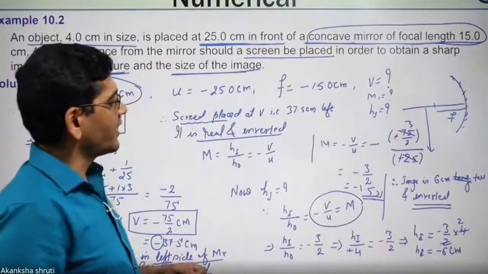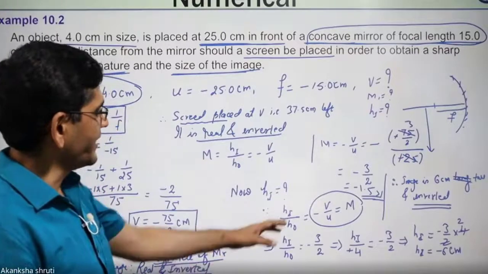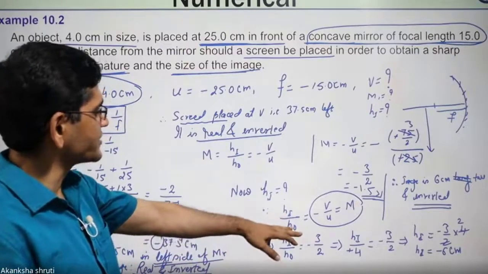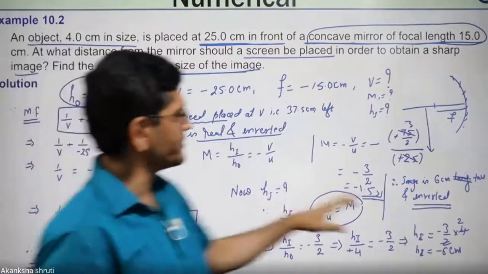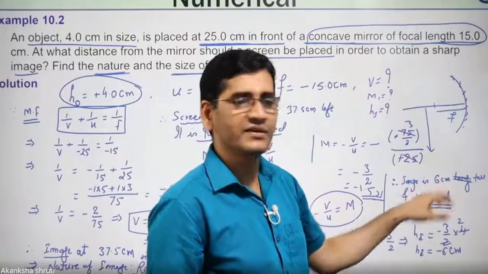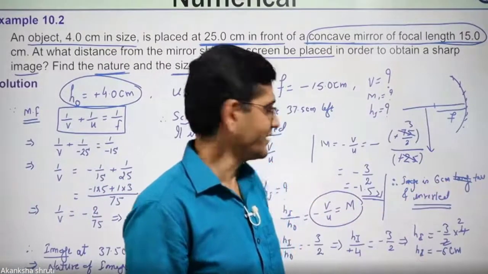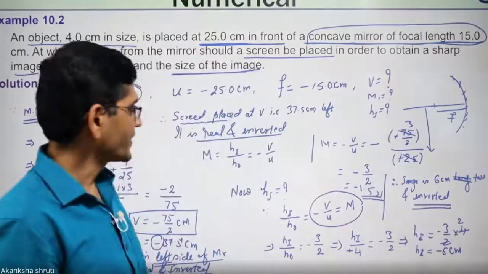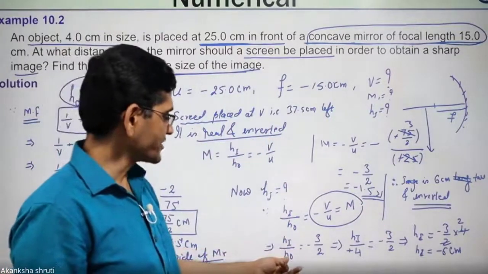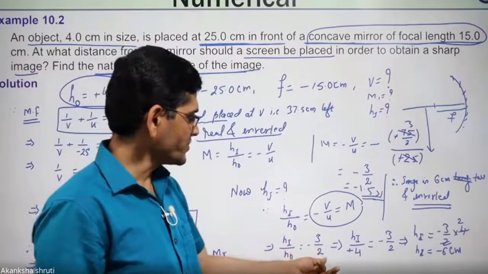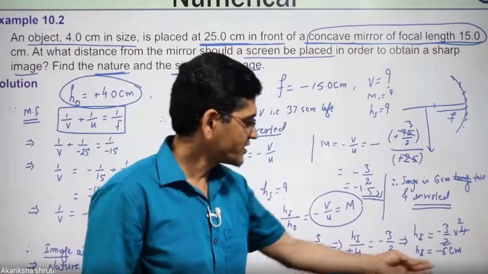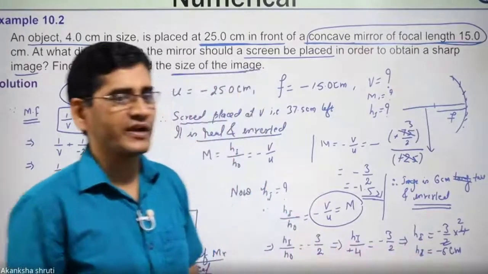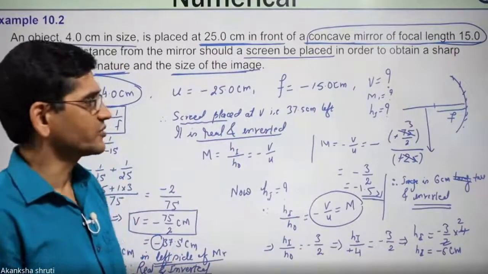Means the height of image will surely be larger than height of this object. Observe, the height of object is 4 centimeter, but height of image formed is 6 centimeter. So very well it is justified. So height of image by height of object is minus of 3 by 2. On equating, we are getting that height of image is minus 6 centimeter. So this was all about this question.